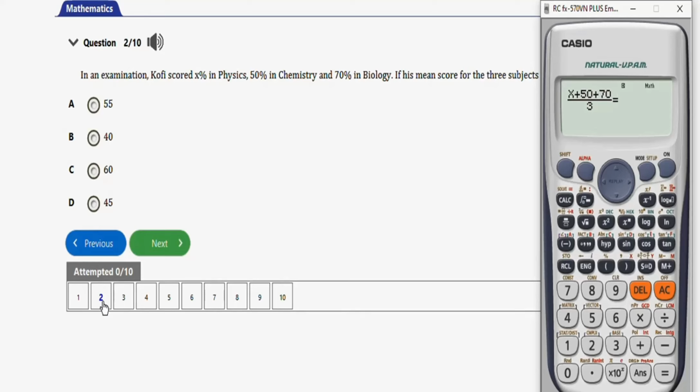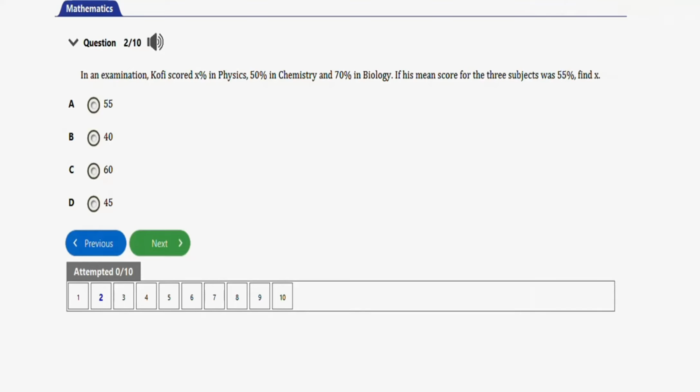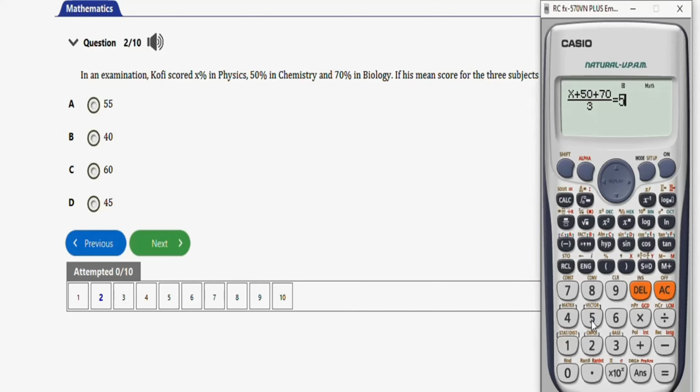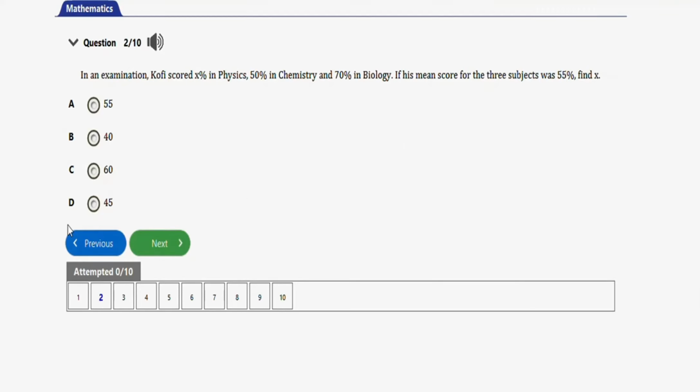Let's check. 55. To solve, press shift calc, assign x to be 0, very important, press equal to. So we have it to be 45. The value of x is 45, option D. So that means Kofi scored 45% in physics. It's as simple as this.